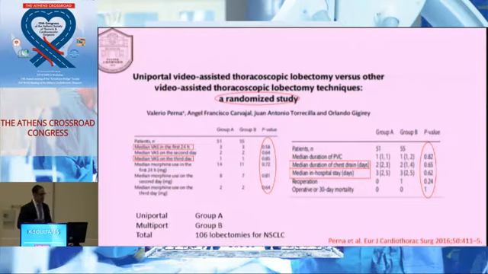The study found no difference in any of the fields we mentioned, not pain, chest drain duration, length of stay, or 30-day mortality. So the authors concluded that the outcomes of uniportal VATS are not superior to those of multiport VATS.